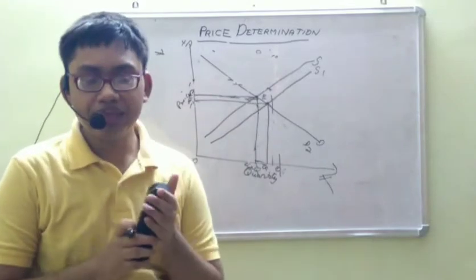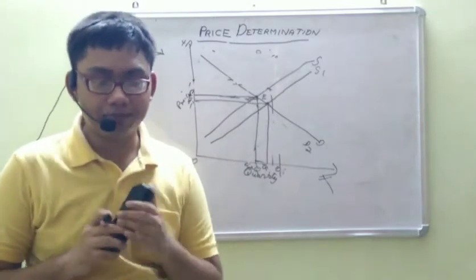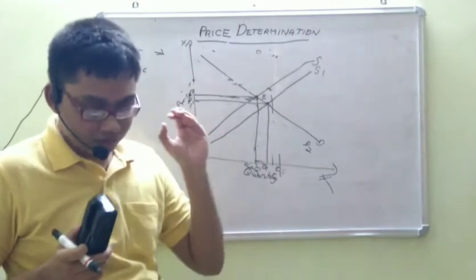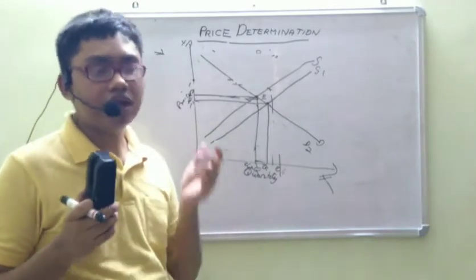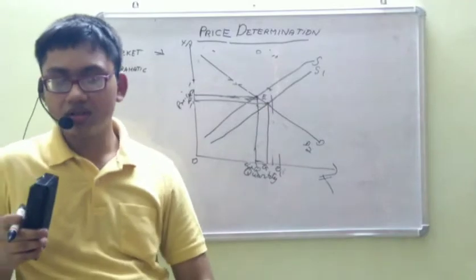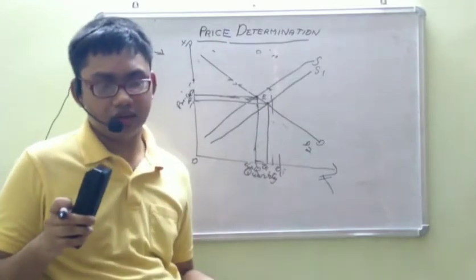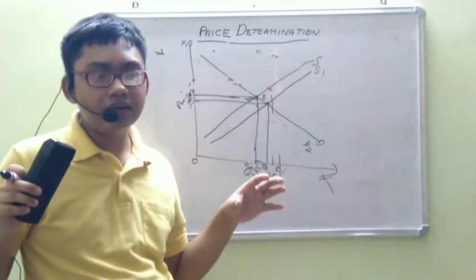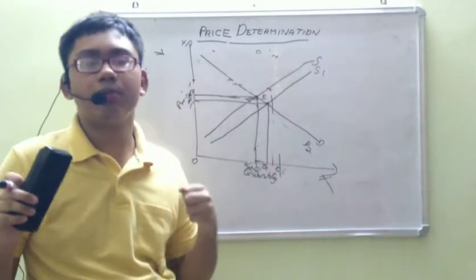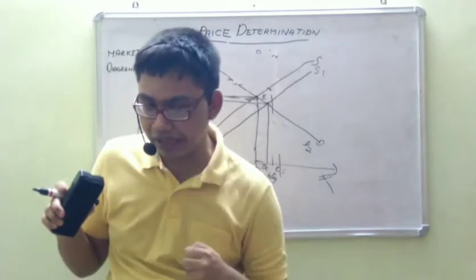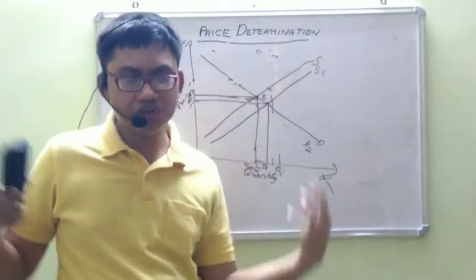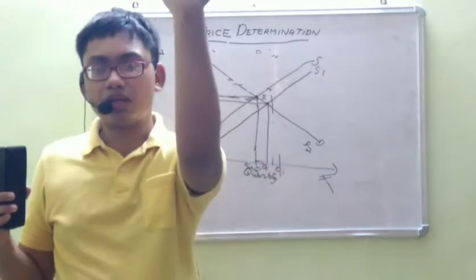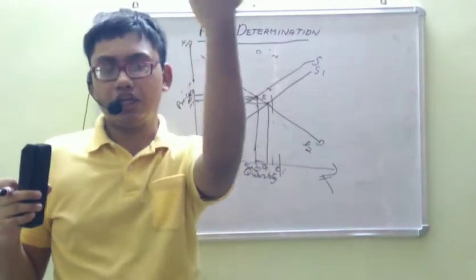But P1 is less than P. Why did this happen? The reason is, when demand increases, supply will be short of demand at the equilibrium point. So the buyers' needs will not be satisfied by supply. So there will be competition among buyers and this will push the price up and quantity up.